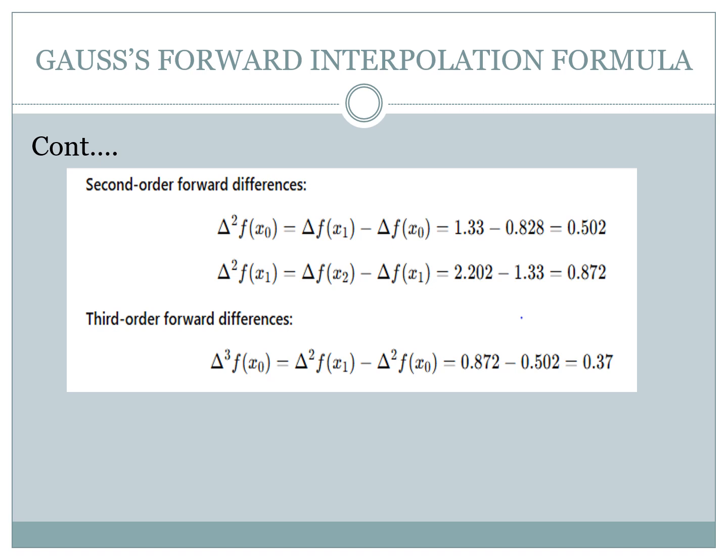So we have to find out the differences between these two. So 0.872 minus 0.502 equal to 0.37. So this is the third order forward difference.